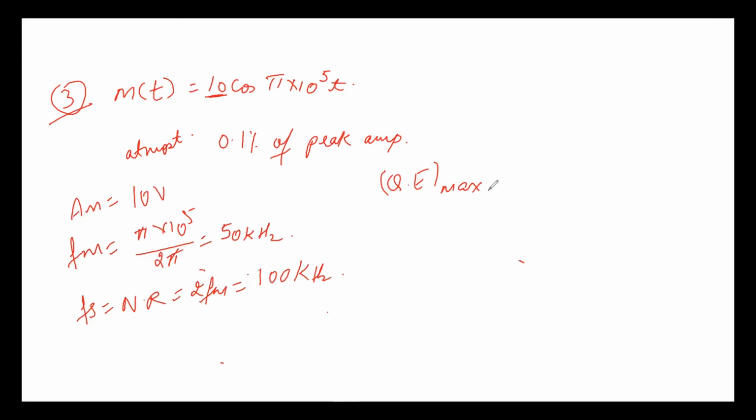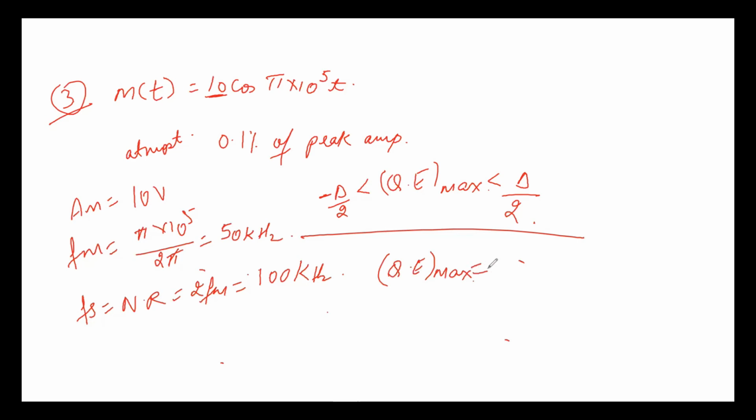We know that the quantization error will oscillate in the range from minus delta by 2 to plus delta by 2. This is the range of quantization error we know. But in the question, it is telling that maximum quantization error should be at most.